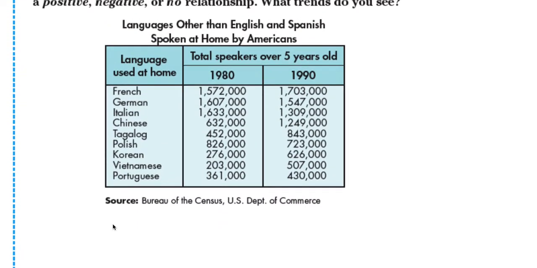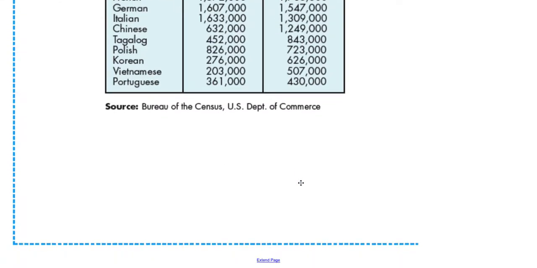So you have languages other than English and Spanish spoken at home by Americans, and these are the numbers: 1980, 1990, 1,572,000, language used at home as French. In 1990, 1,703,000, all the way down to Portuguese at 361,000 in 1980 and 430,000 in 1990.